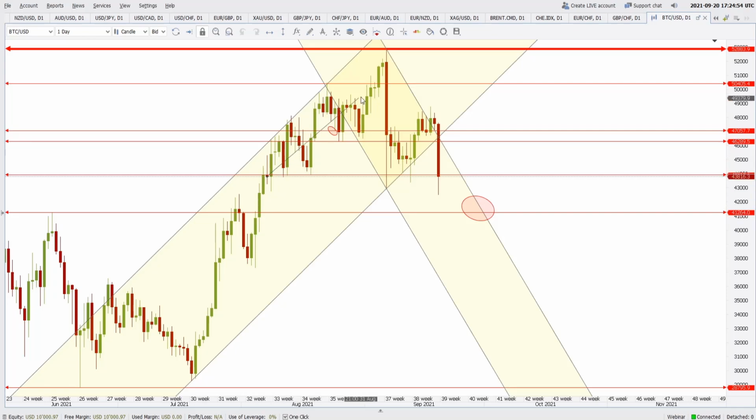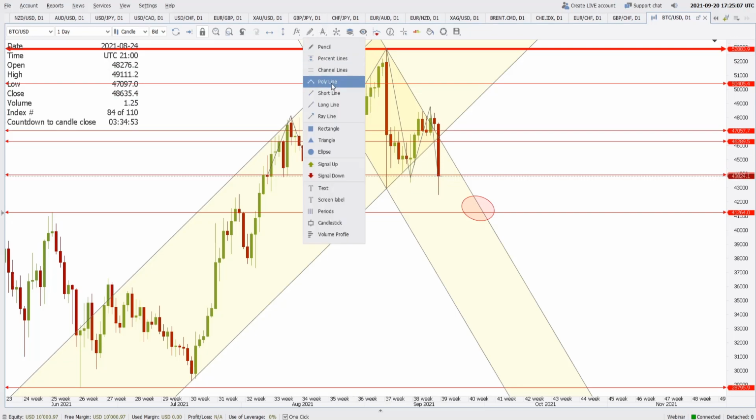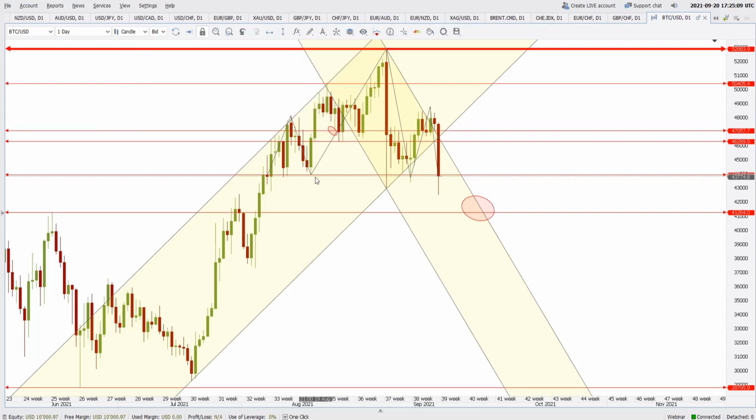If you see, like shoulder, head, shoulder, that's it. And the idea is that you have to connect these two.